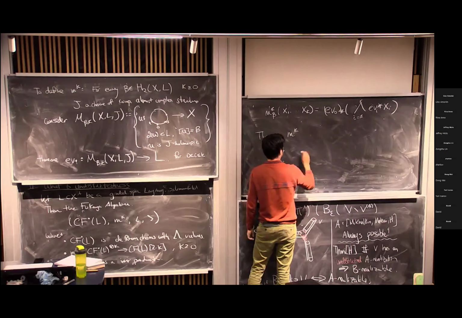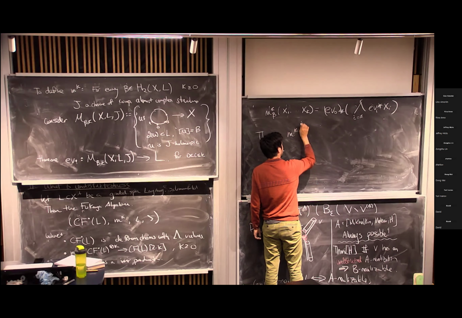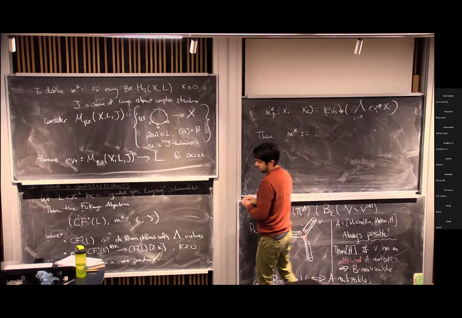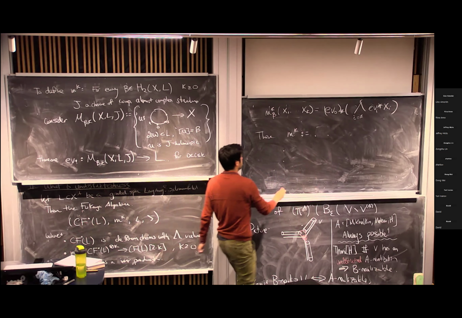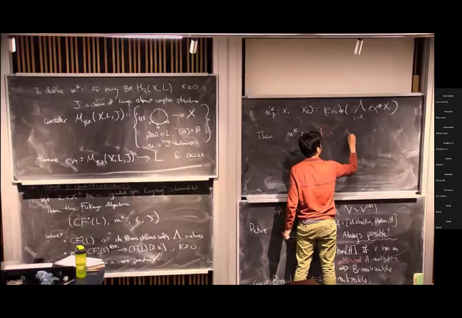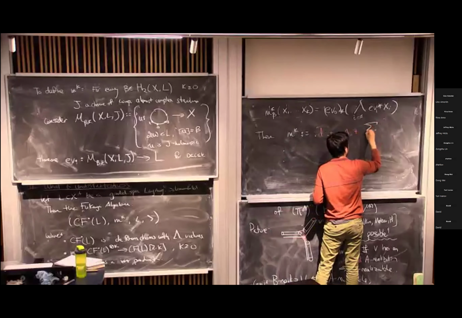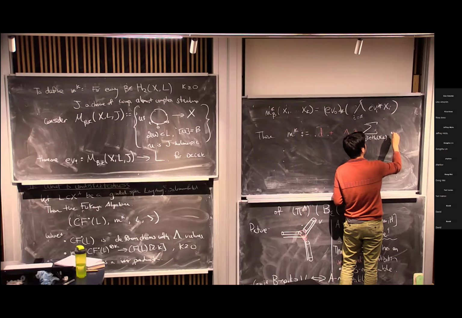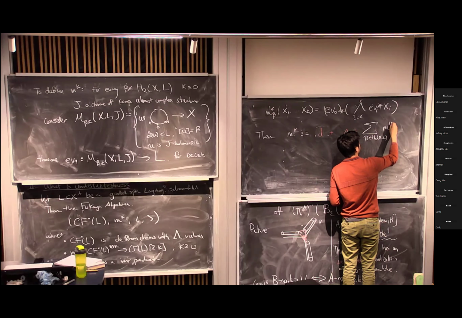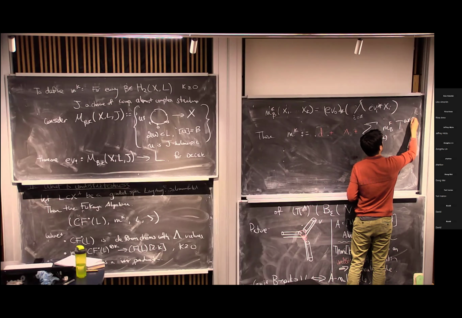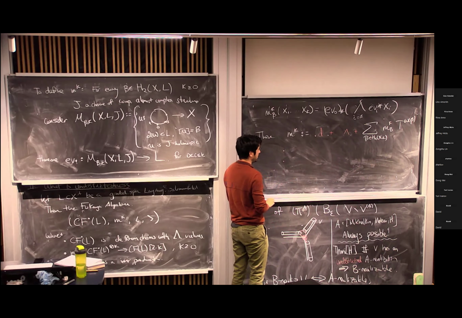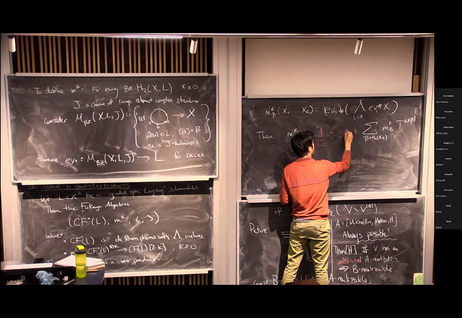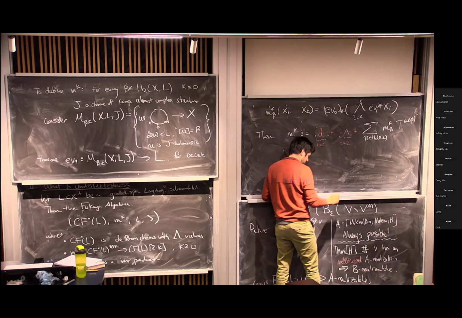Then m_k is defined to be the sum over all homology classes β of m_k^β, weighted by the area of the class β, plus d if k is equal to 1, and plus the wedge product if k is equal to 2. Okay.